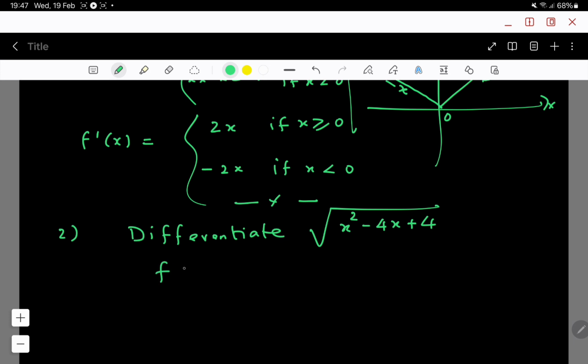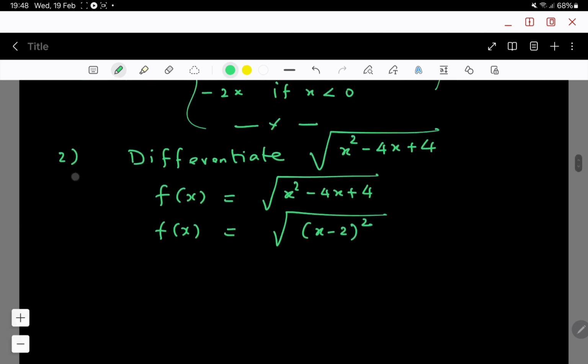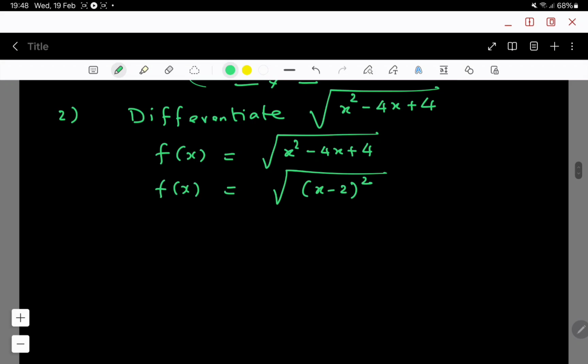Take this as f of x, under root of x square minus 4x plus 4. x square minus 4x plus 4 is a perfect square. Okay, so write it as x minus 2 the whole square. So we know root of x square is defined as mod of x.